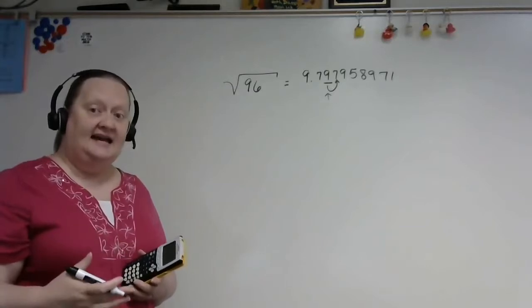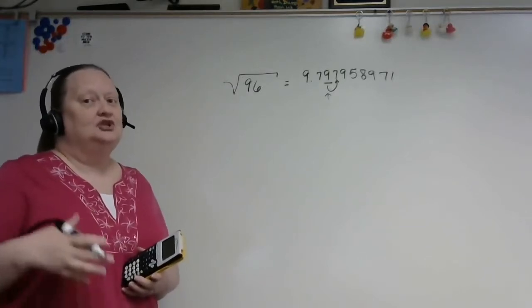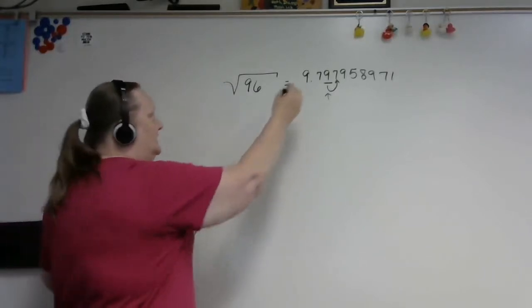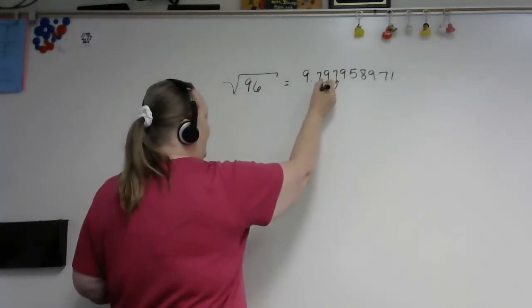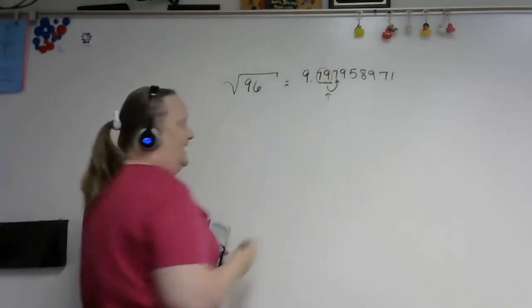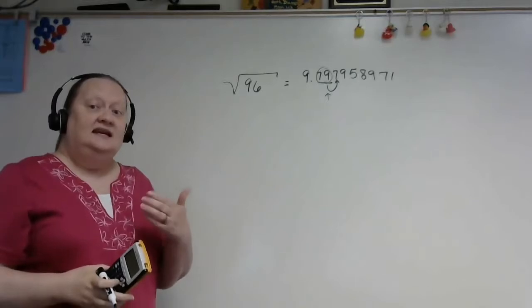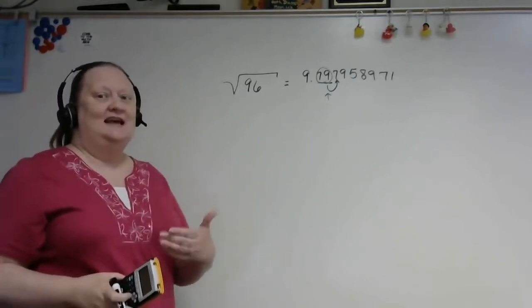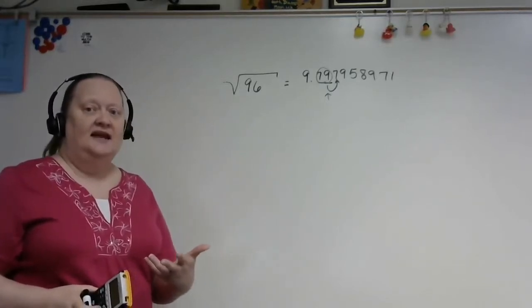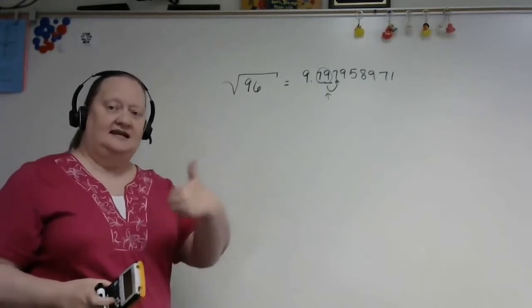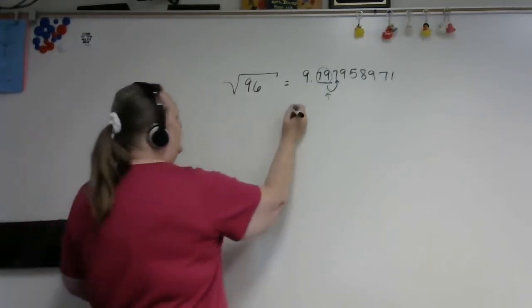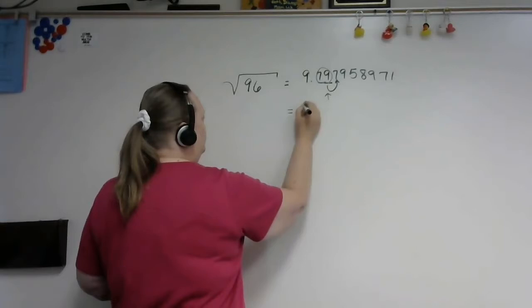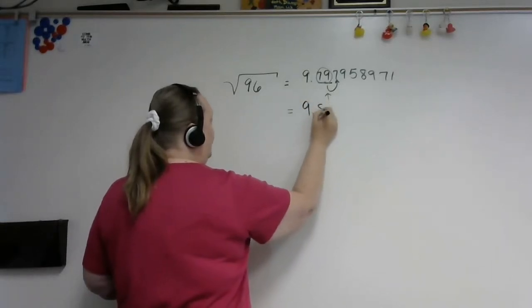Since it's a 9, we'll want to look at the next 2 decimals. So instead of looking at 9, let's look at 79. And so 79 goes up to the next number. So to the nearest hundredth, this becomes 9.80.